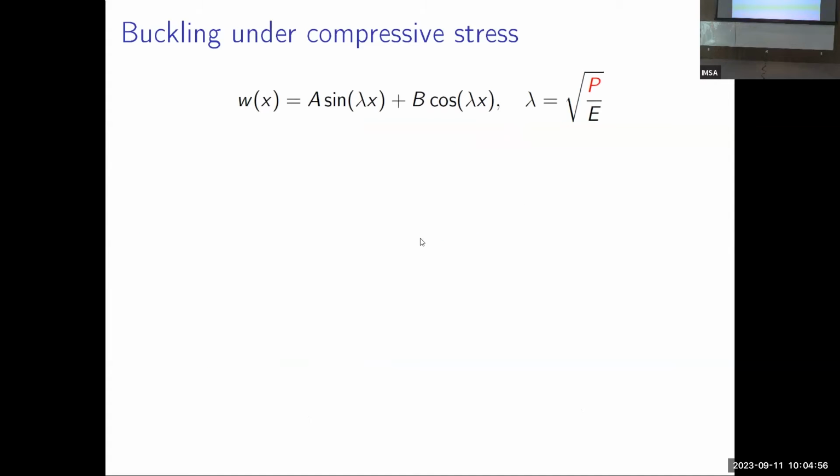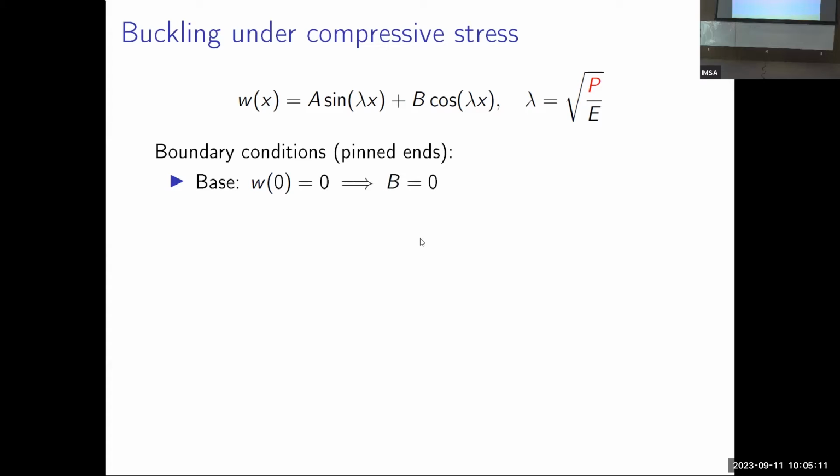So this is the function, right? And now let's put boundary conditions. Pinned ends means that the endpoints are fixed, okay? So W of 0 equals 0 means that the initial point is fixed, which implies that B in this solution must be 0.